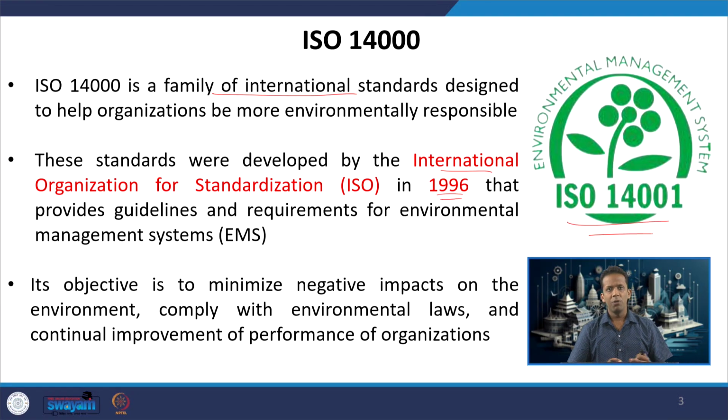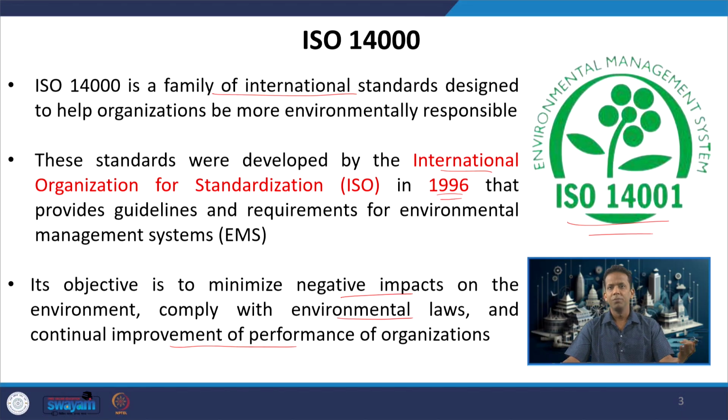So, the objective is simple: to minimize negative impacts on the environment, to comply with environmental laws, and to continuously improve the performance of organizations. That continuous improvement is the core of any environmental management system, because laws, compliances, and the limits on emissions and waste discharge are going to change and evolve with time.